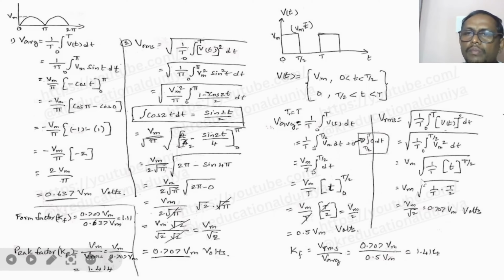Okay, so under root 1 by T. Here the value of V of t is nothing but Vm, right? So if you substitute T 0 to T by 2, Vm into under root 1 by T into T by 2. So T will get cancelled, and under root 1 by 2, that is 1 by root 2. So Vm by root 2, that is 0.707 Vm.